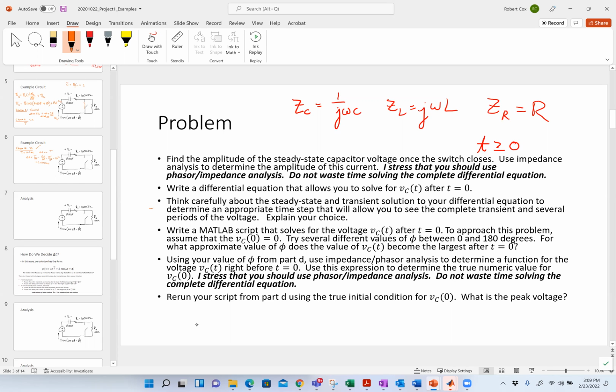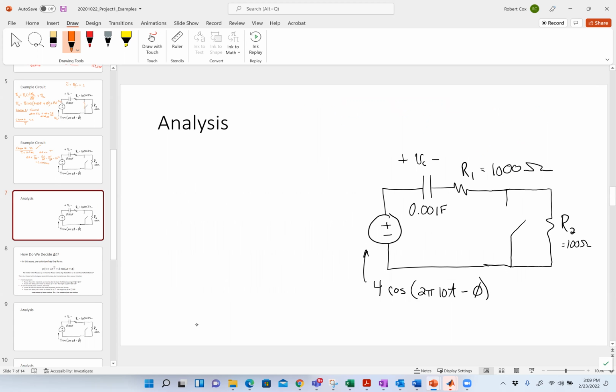All right, so this is the part here that I think kind of screws people up. Phi is like a variable to you. When you approach this problem, just start out with setting phi equal to 0 and V sub C of 0 equal to 0. All right, that is not necessarily true. What I'm saying is, and this is the way I'm thinking about this problem.